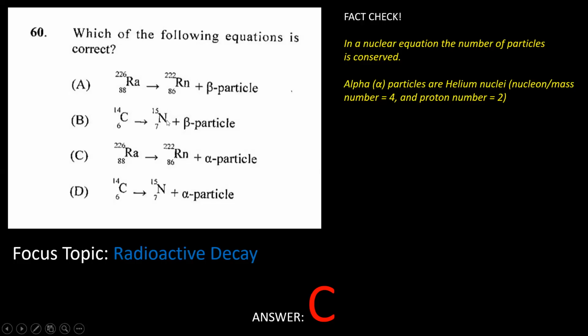This also cannot be correct because you have a beta particle and there's an increase in the number of protons and neutrons here, which is not possible. So C is the only possible reaction to take place. Your answer is C.